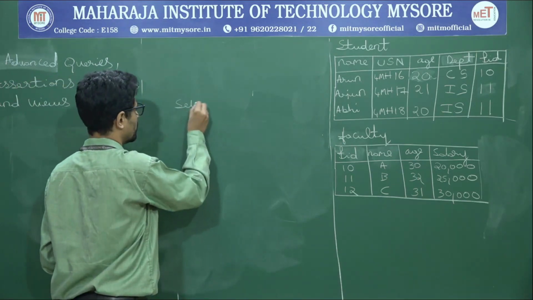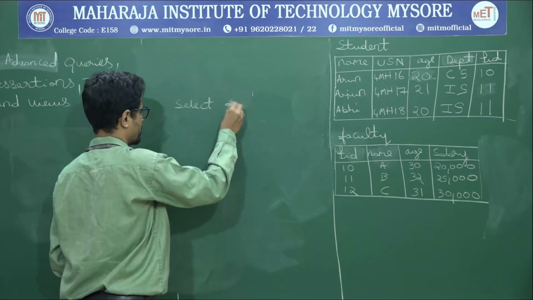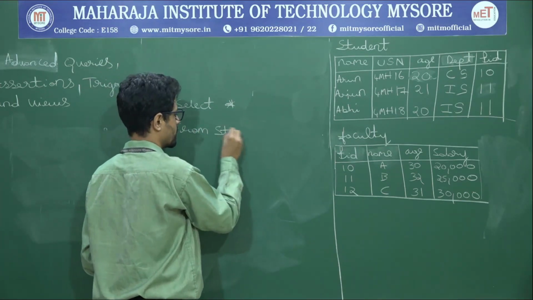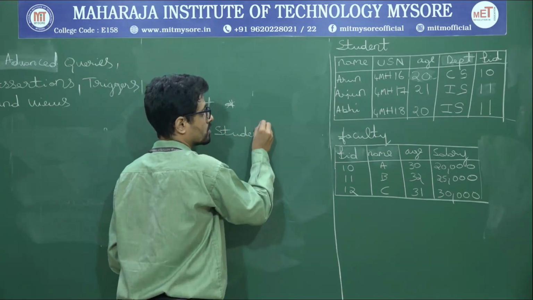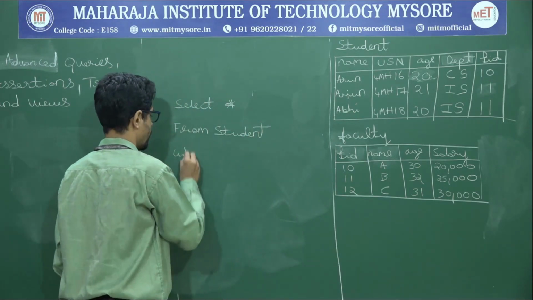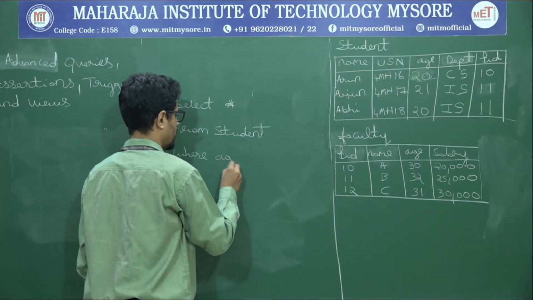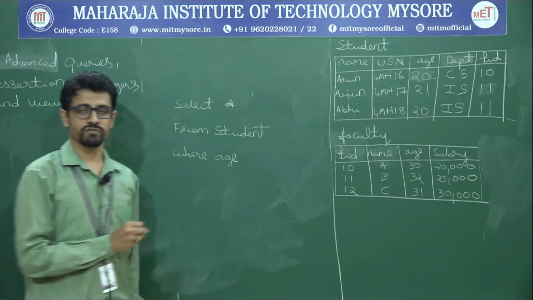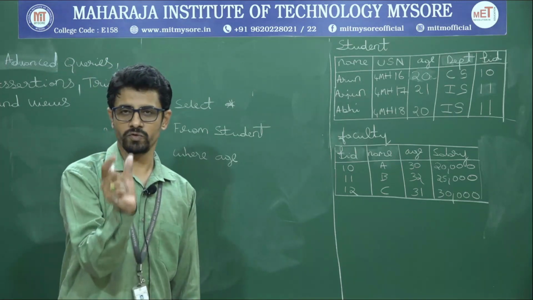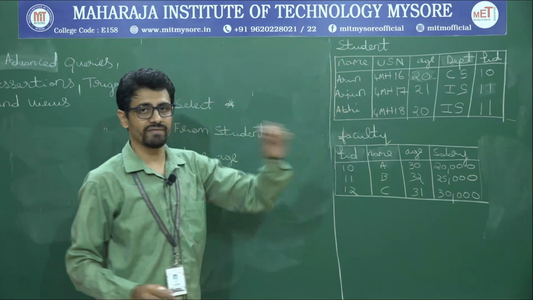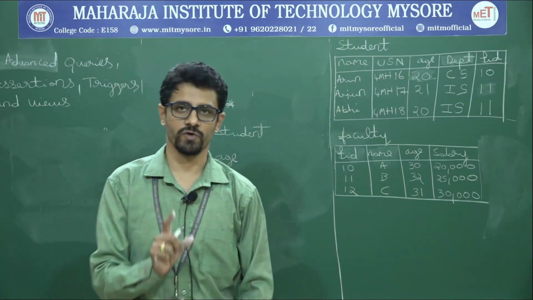So select from student where age. My question was how to check whether an attribute value in any of the given rows is null, any one attribute I am checking for.